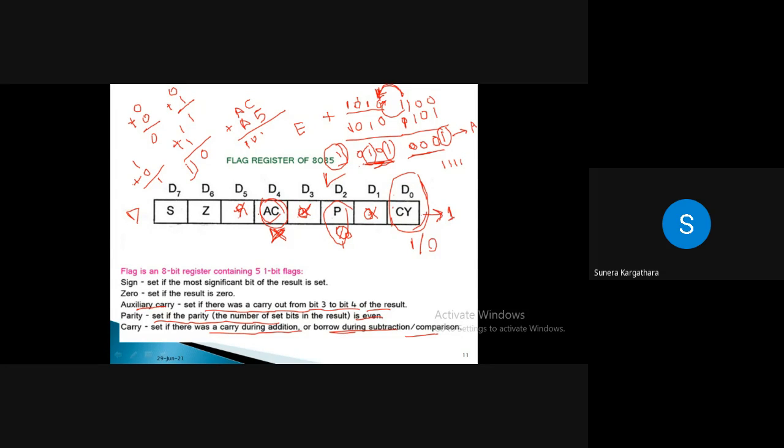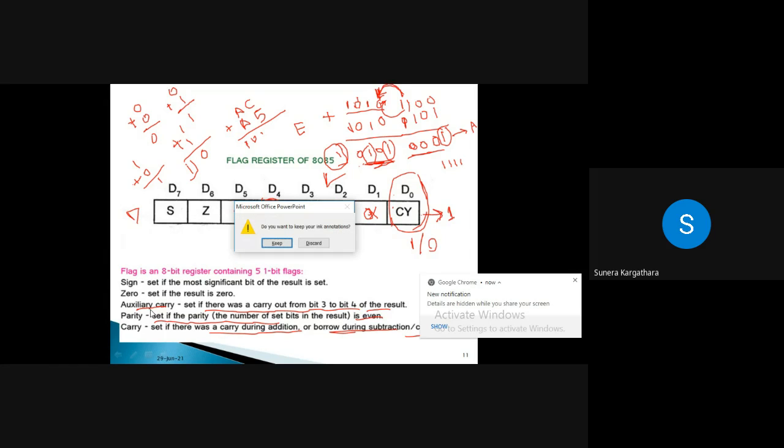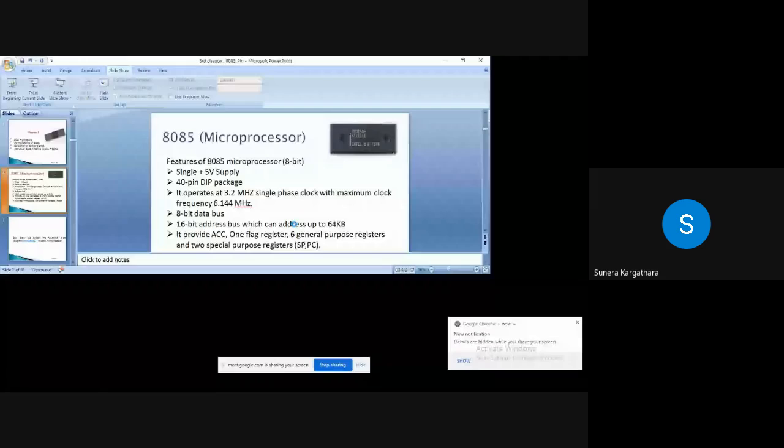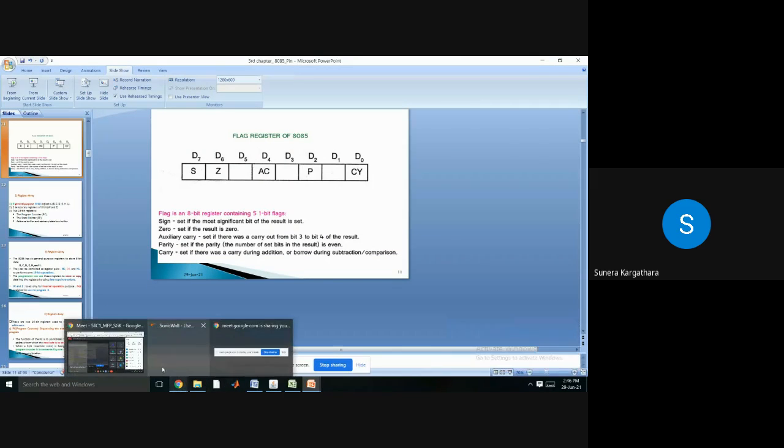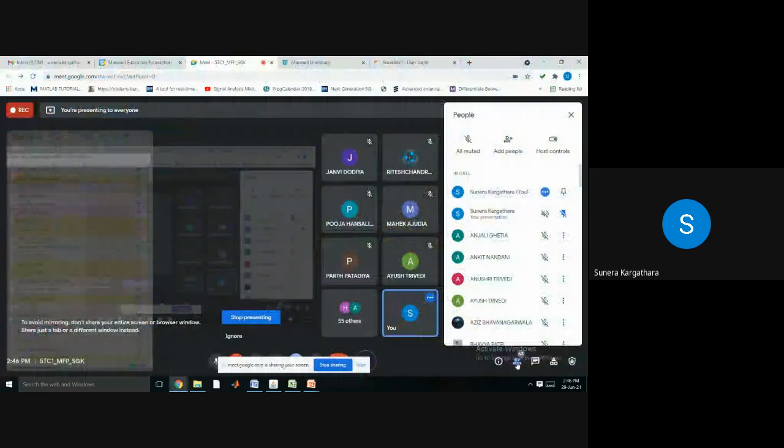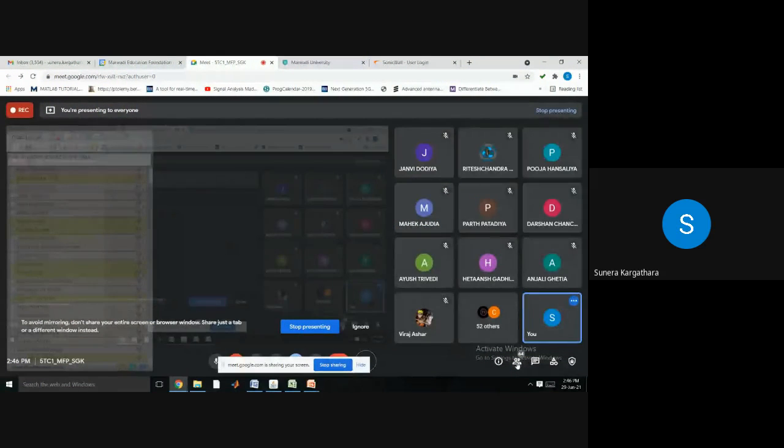Rahul, what do you think? Janvi? Yes. What do you think? If I say auxiliary carry flag is not for user, am I giving correct statement? Yes, sir.